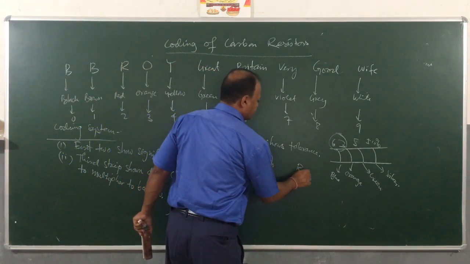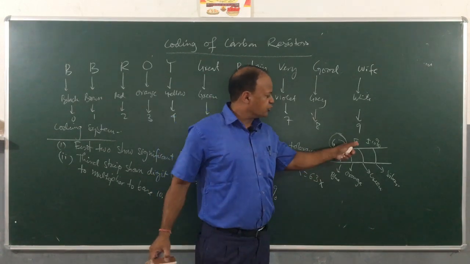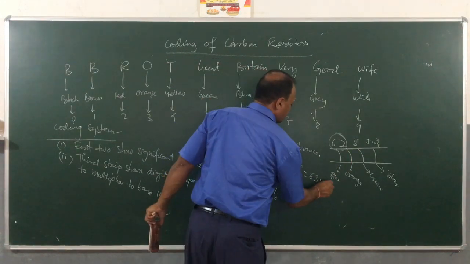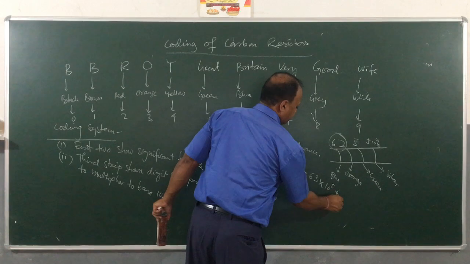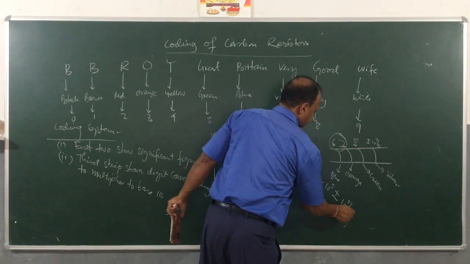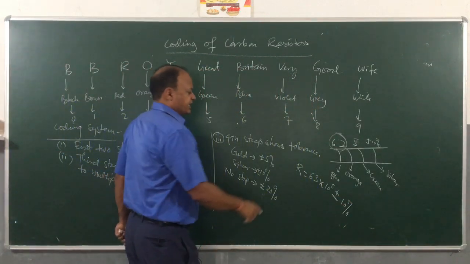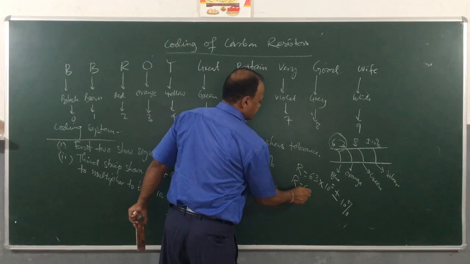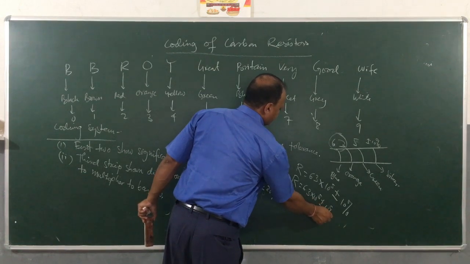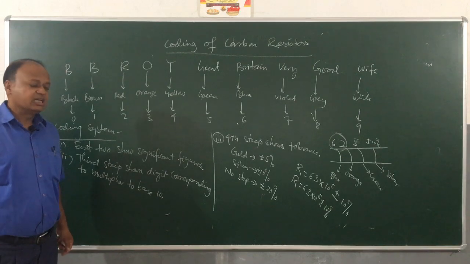So resistance will be R is equal to 63 into the third stripe, the digit corresponding to the multiplier to the base 10. So 10 to the power 5, plus minus error is 10%. Okay, and if you want to write this correctly, then R will be 6.3 into 10 to the power 6 plus minus 10%. So it's very easy to calculate resistance if the coding is given.